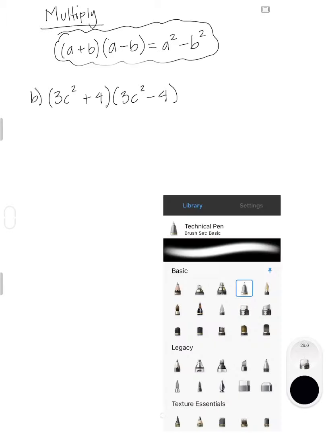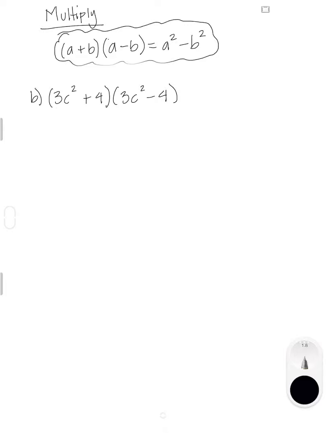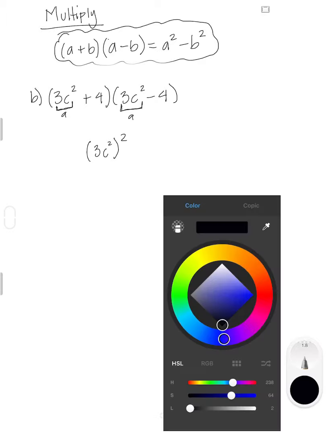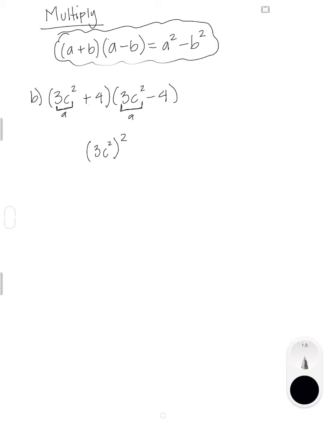If we use the rule, because we have 3c squared, that will be like our a term, then this is 3c squared, squared, and then we have 4 as our b term, so minus 4 squared.